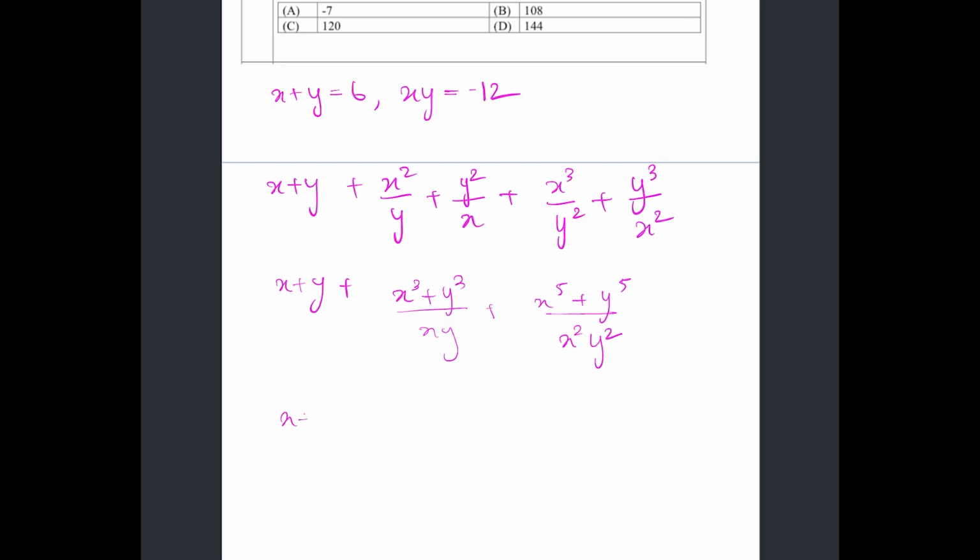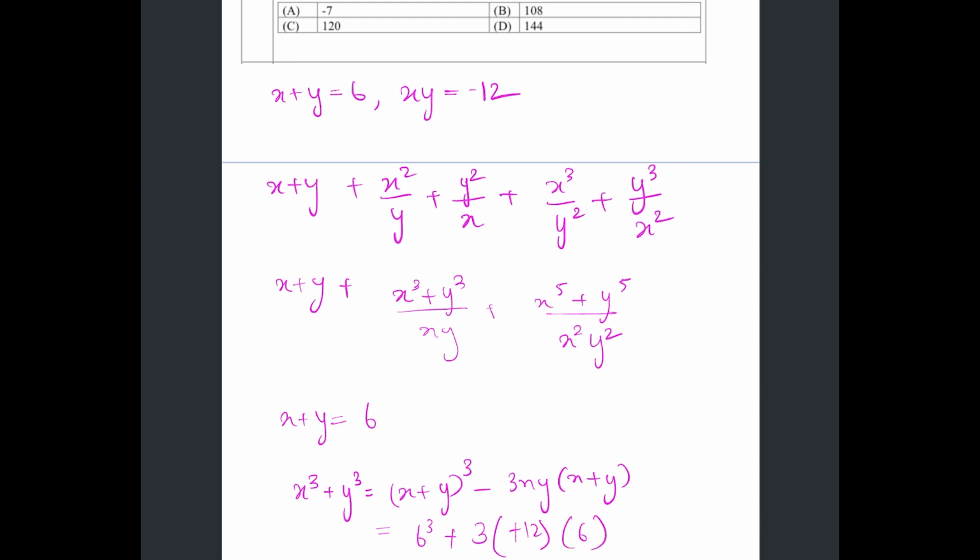We know x plus y is 6 and x cube plus y cube is equal to x plus y the whole cubed minus 3xy into x plus y, which gives us x cube plus y cube equals 6 cubed minus 3 times minus 12 times 6, right?